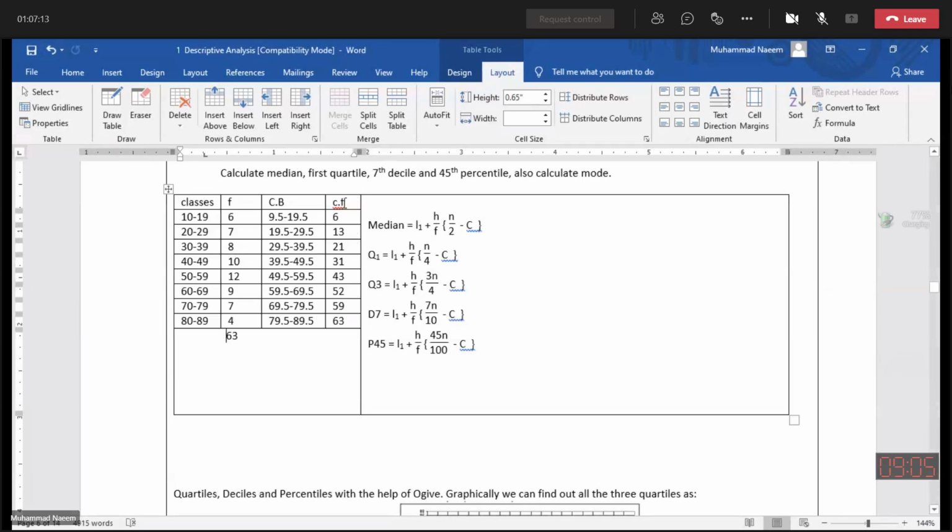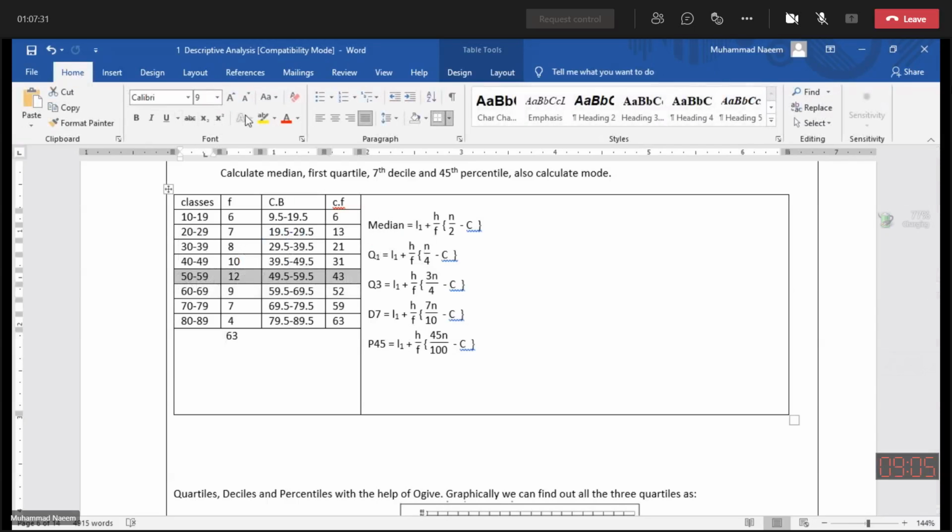So look at this column of cumulative frequency where 32 values are cumulated. Here 32 values are cumulated.